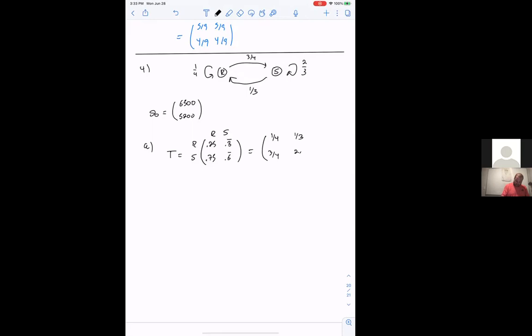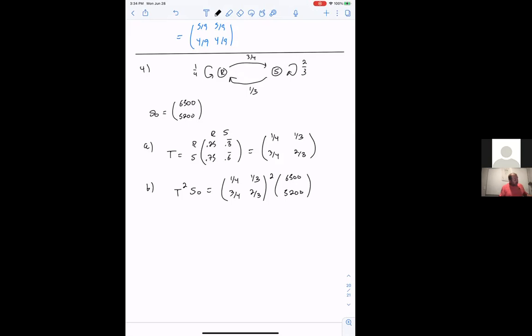So let's keep it as fractions. Okay, that's T. B. Find the distribution of the market after 2 years. After 2 years is just T squared times S0. So 1/4, 1/3, 3/4, 2/3 squared times 6,500, 5,200.